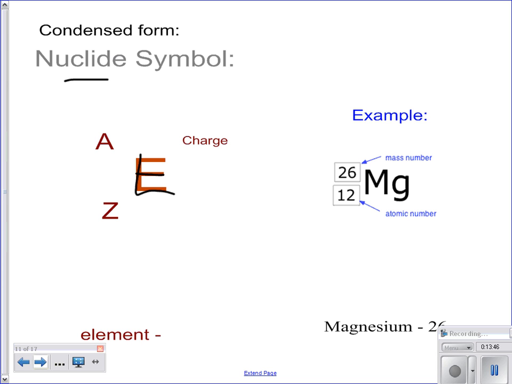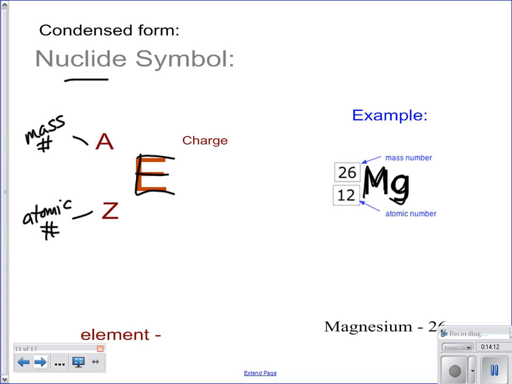So in the middle is the element symbol, whatever it happens to be. For example, over here to the right, I have the element magnesium written down. So you have your element symbol in the middle. Remember, A stands for mass number, and Z stands for atomic number.